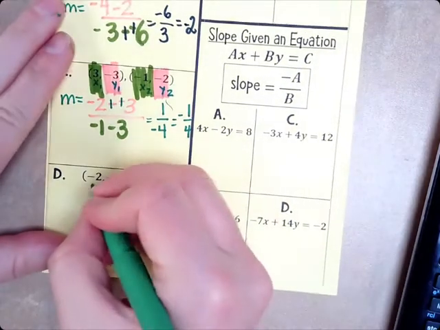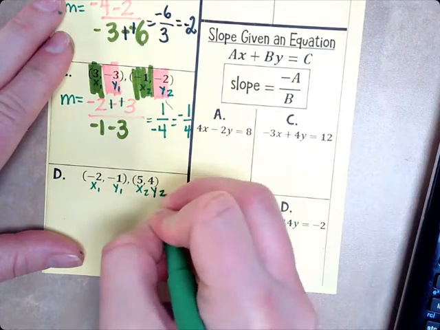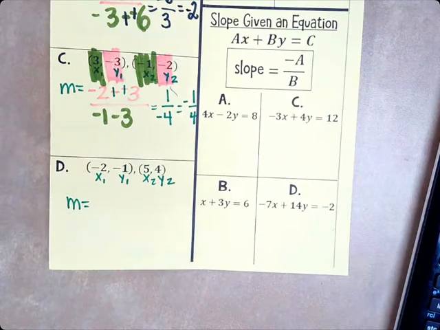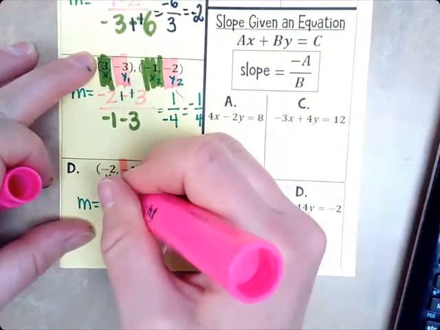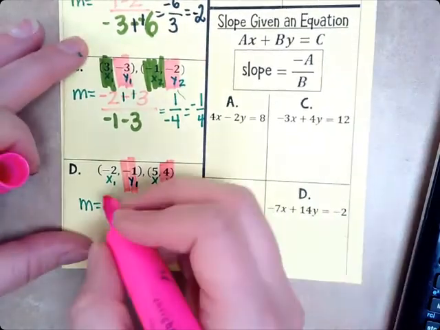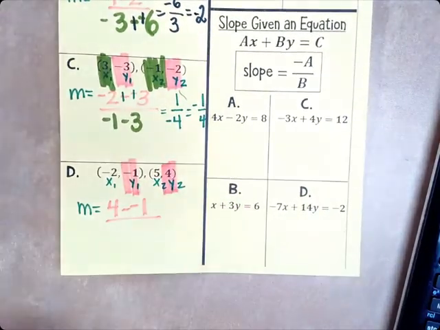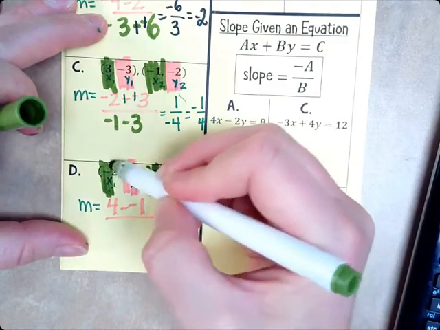Okay, the last one, x1, y1, x2, y2. y2 minus y1, x2 minus x1.